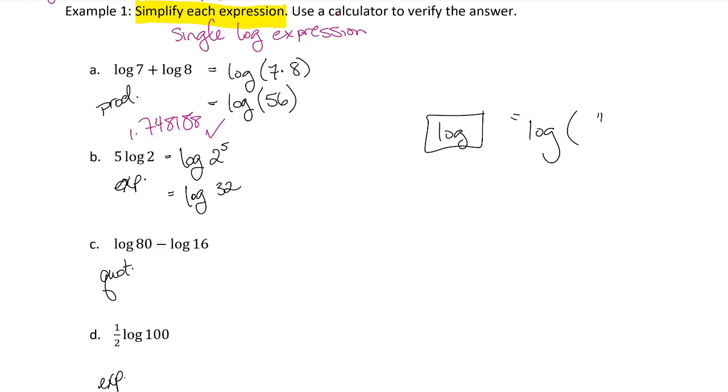So how I would type it in would be log 7, close bracket, and then the plus log 8 part. Okay, so just kind of as a note.